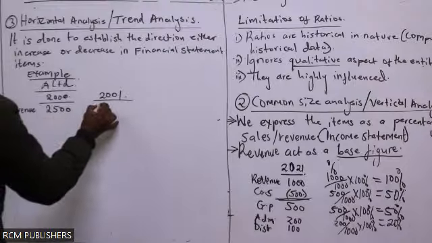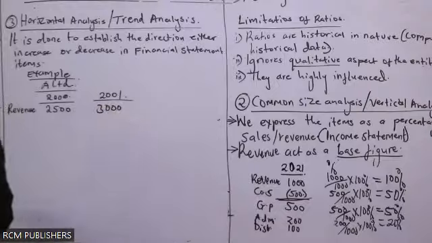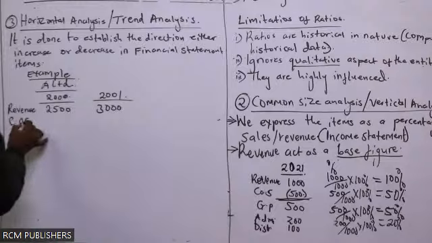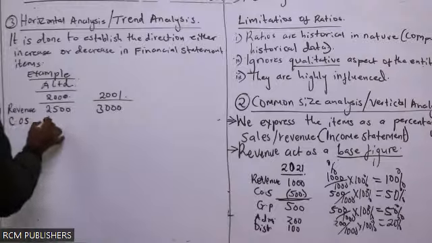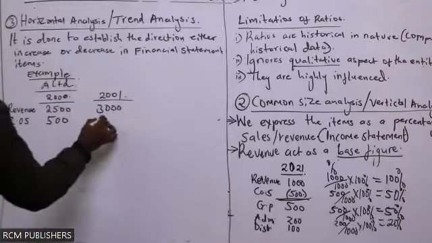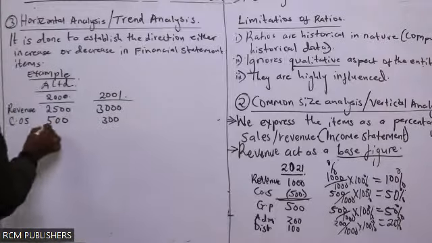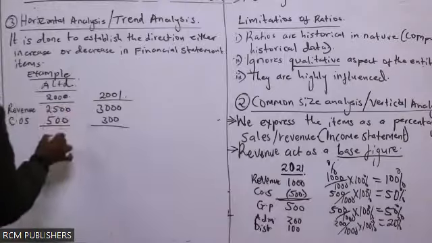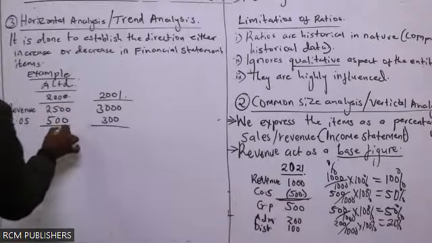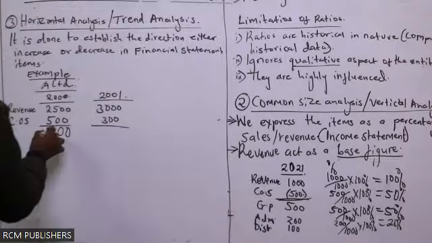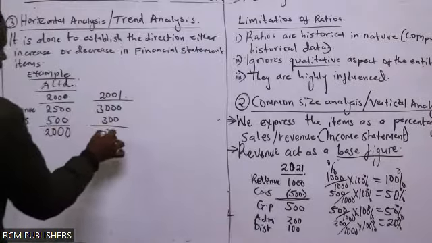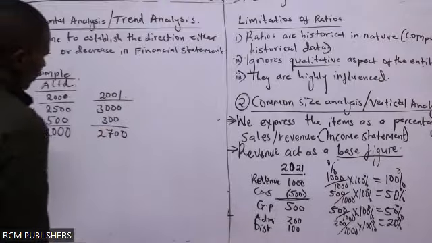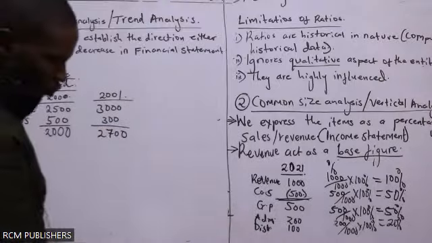Then here we have revenue of 3,000. Then cost of sale, maybe 500, but here we have 300. Then our gross profit here will be 2,000, and here it will be 2,700.